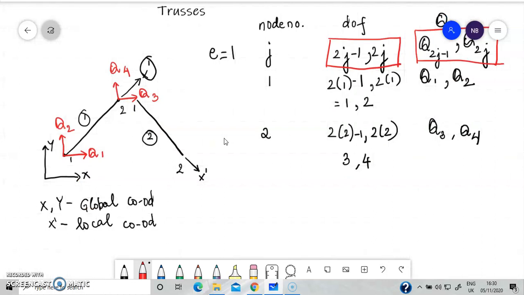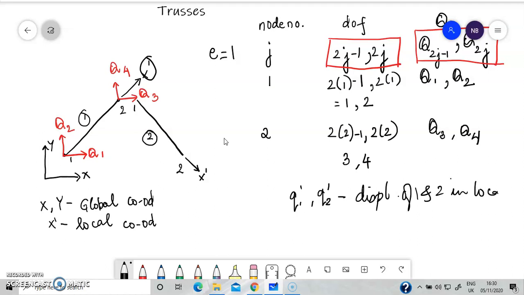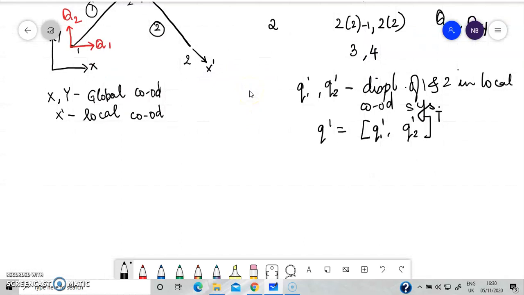Now let q1 dash and q2 dash be the displacement of node 1 and 2 in the local coordinate system. Thus, the element displacement vector in the local coordinate system is denoted by q dash equals q1 dash, q2 dash transpose.